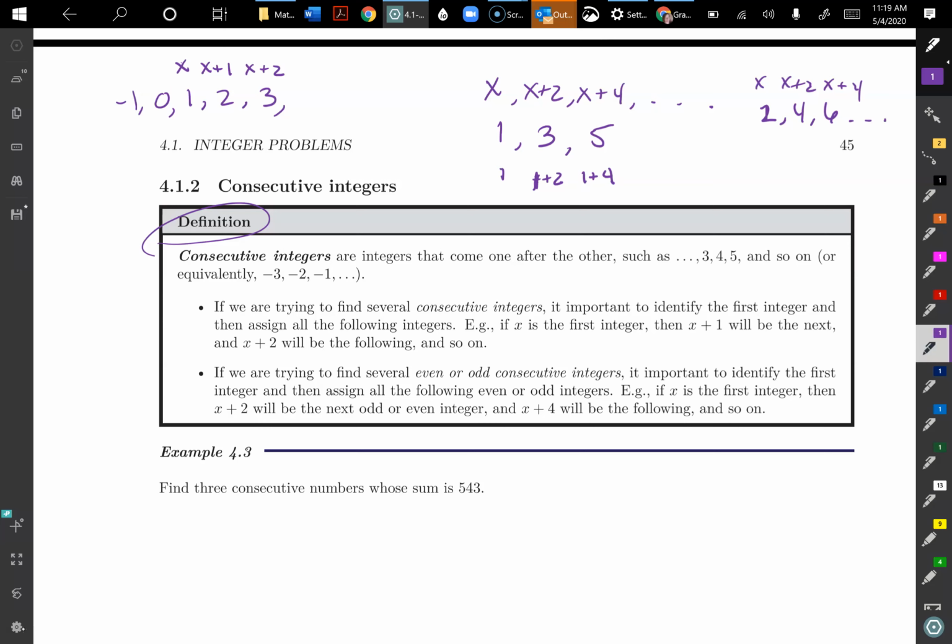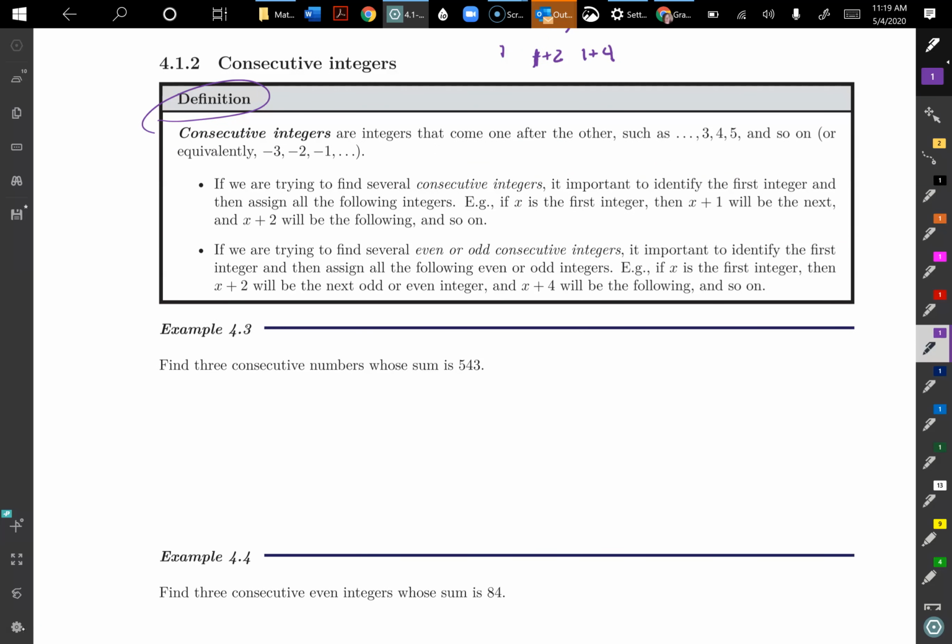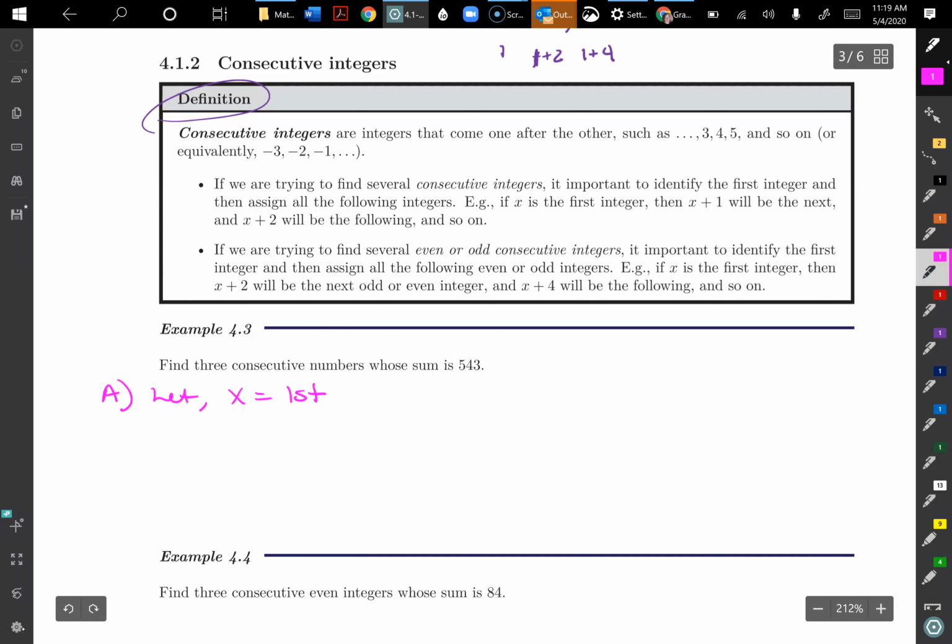So if we want to find 3 consecutive numbers whose sum is 543, our first step is we are going to declare our unknowns. So we just write the word let and put a comma, x equal, and I just abbreviate first number.